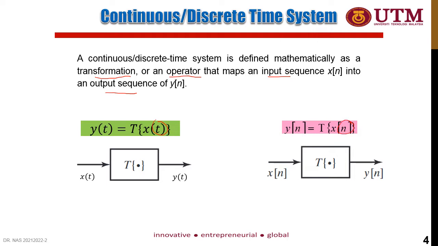If you have an input signal x(t) being transmitted into a system, so the signal is processed or transformed, the capital T represents the transformation. Then the output is generated. Same goes for the discrete time system.